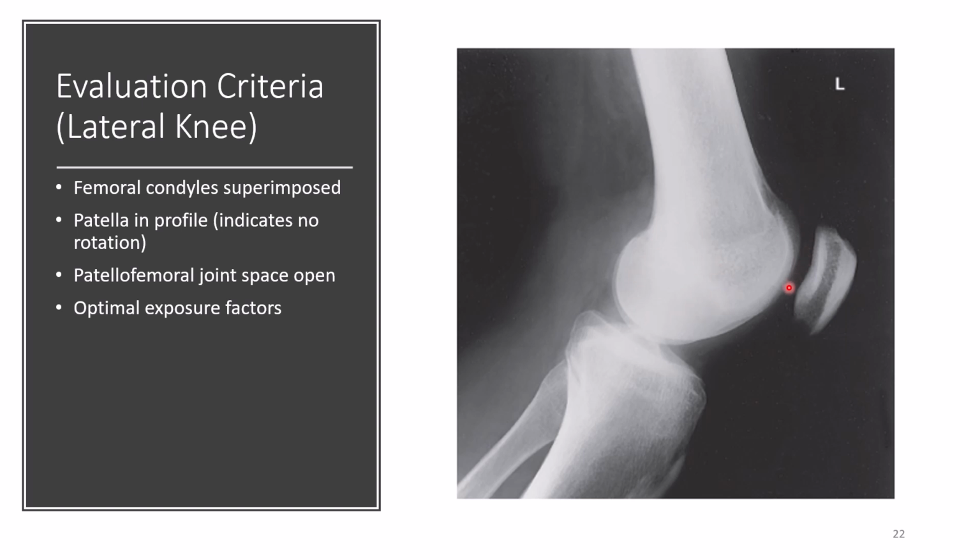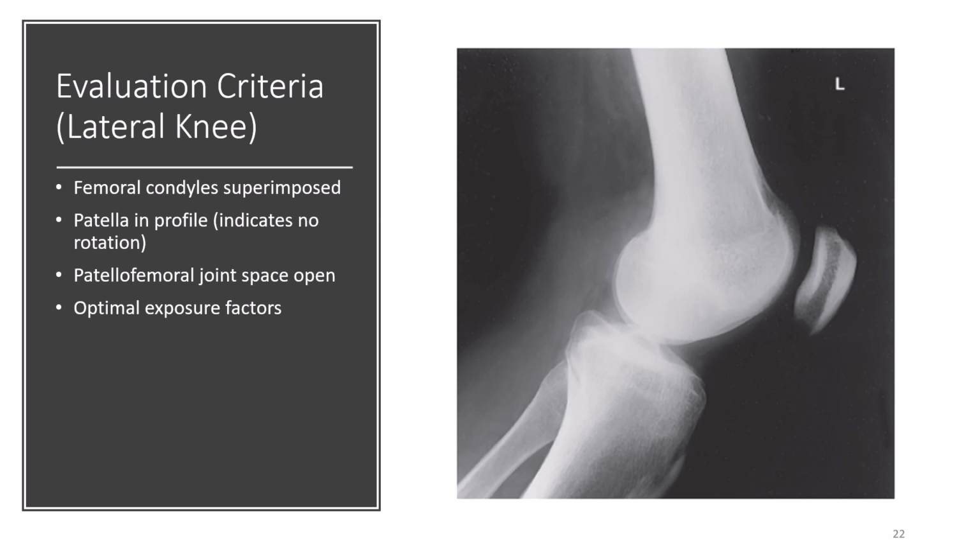We should see an open patellofemoral joint space. This is perfection right here, as is the one on page 250, figures 6.113 and 6.114. Those are perfect because the condyles are perfectly superimposed.